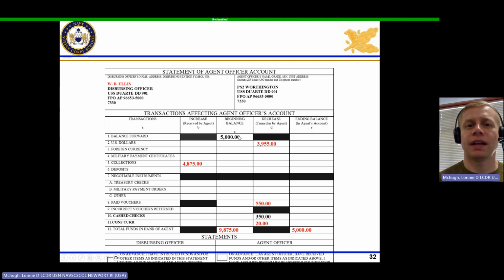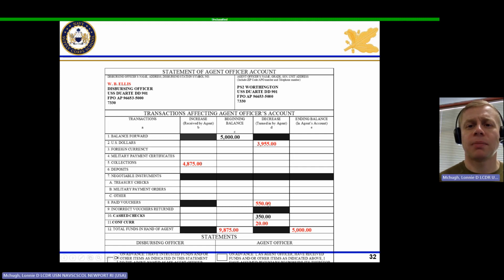Whenever you're filling out this form, you'll see that you had a beginning balance of $5,000. You had collections of $4,875, which brings your accountability in that section to $9,875. If you are doing a return, say in this example, we didn't go over this, but it was said that $5,000 is the most accountability you could have.